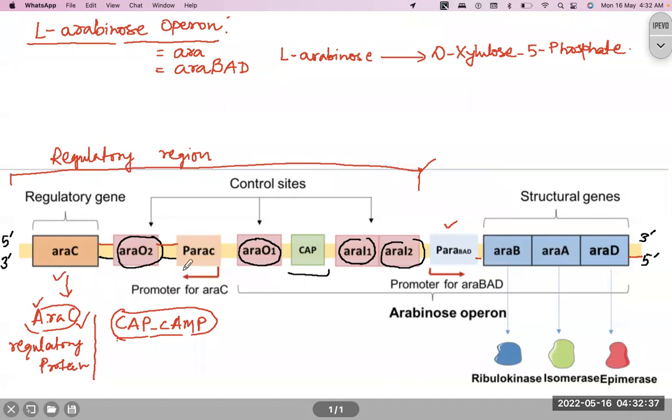RNA polymerase for araC sits on the promoter for araC, and for araBAD it sits on the promoter for araBAD, that is P araBAD. araBAD and araC are transcribed in opposite directions, as I have told you, from the araBAD promoter, that is P araBAD, and the araC promoter, that is P araC, respectively.